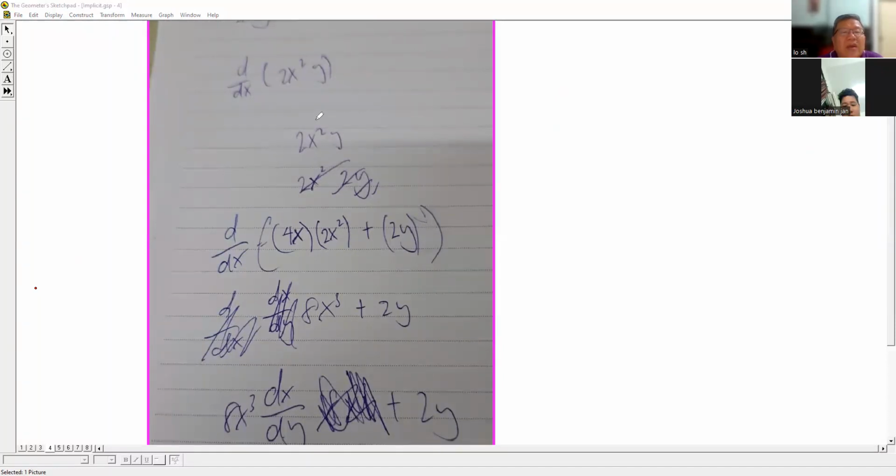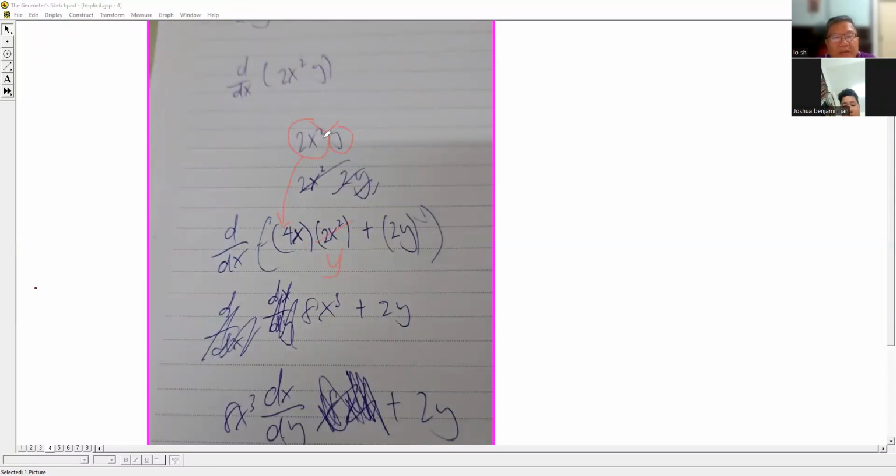Now, you separate them into two functions, one like this, one like this. So the first one, you differentiate this, you get 4x. Then you keep this y.